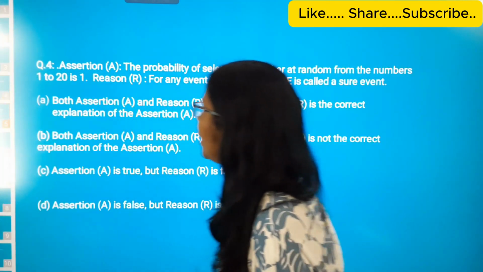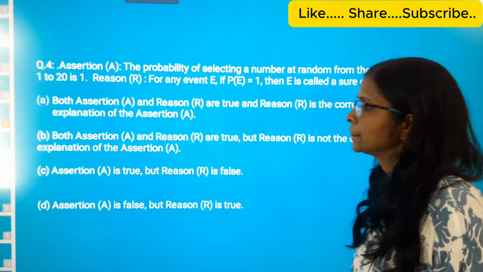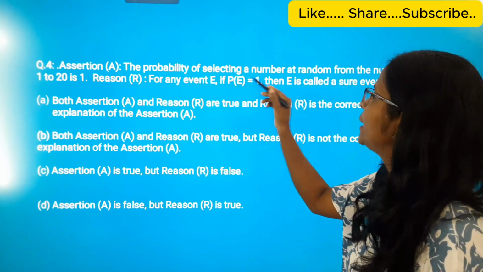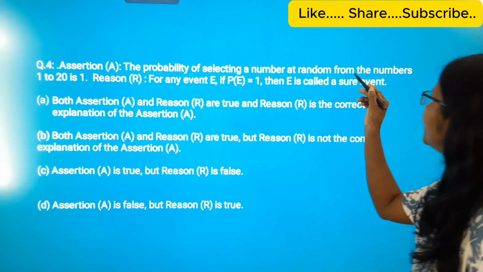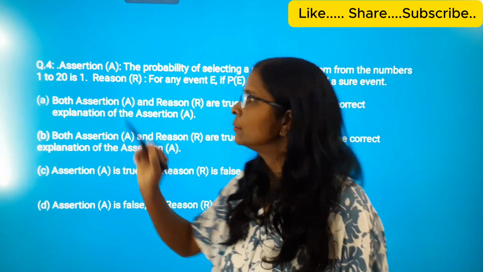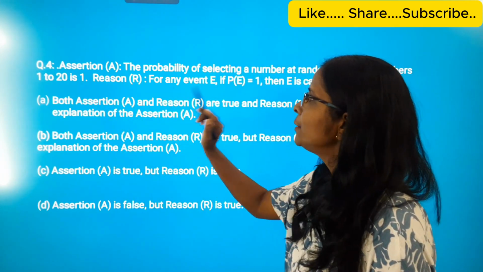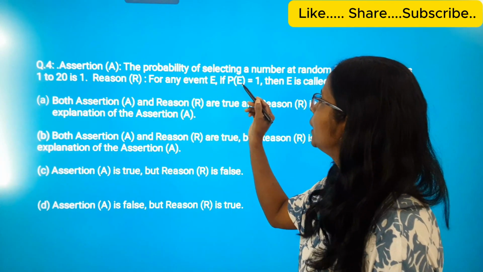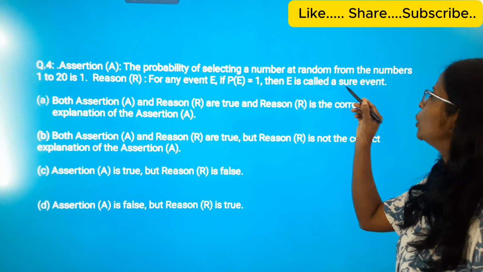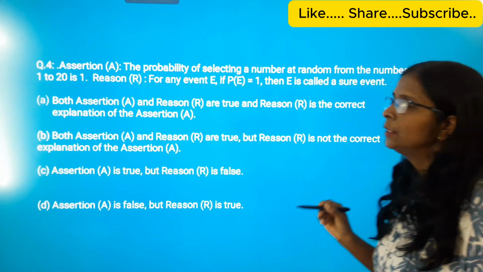Fourth example. Assertion A: the probability of selecting a number at random from the numbers 1 to 20 is 1. Reason R: for any event E, if P of E is equal to 1, then E is called a sure event.